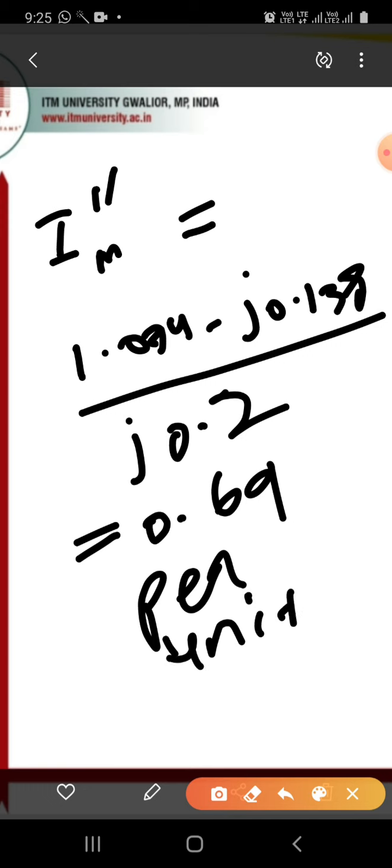In the fault, I have to find out the fault current. What is our aim? I have to find the fault current, which is If double dash, and may be written as Ig double dash plus Im double dash.